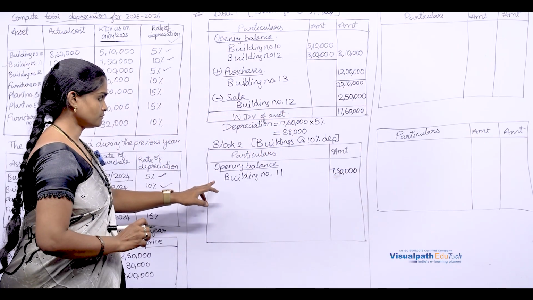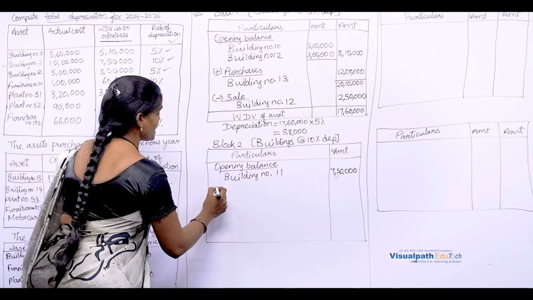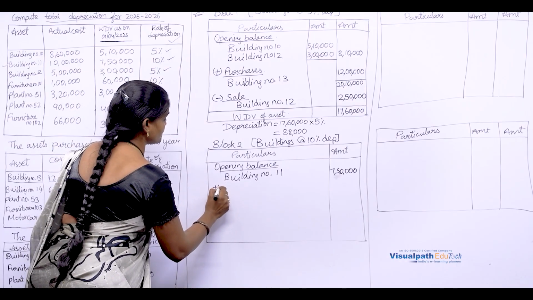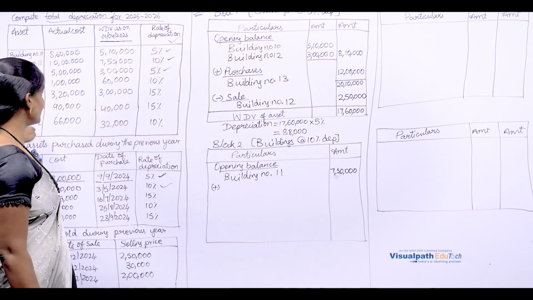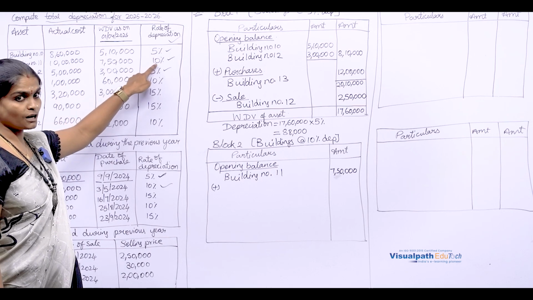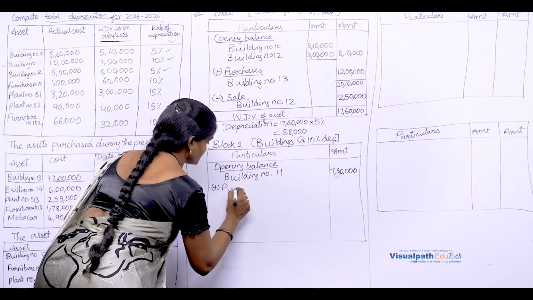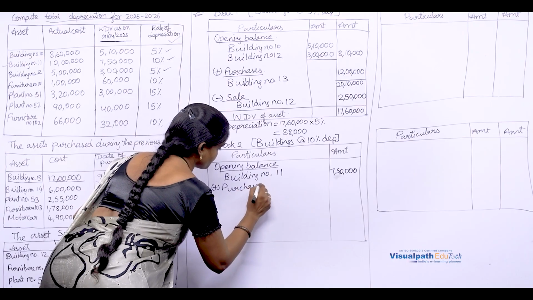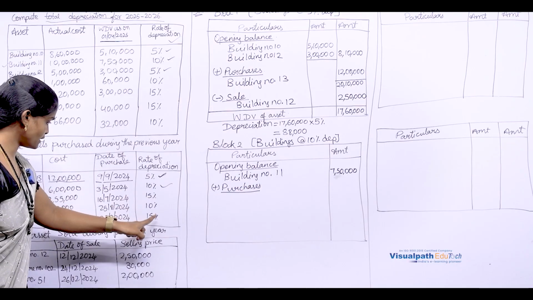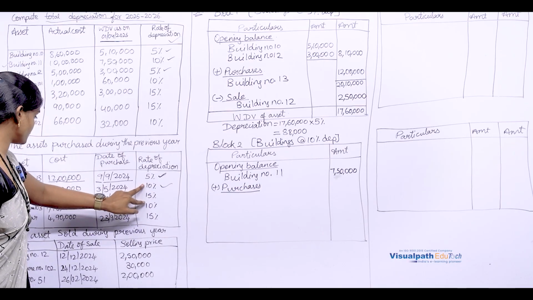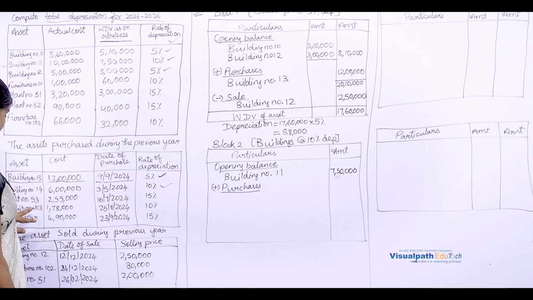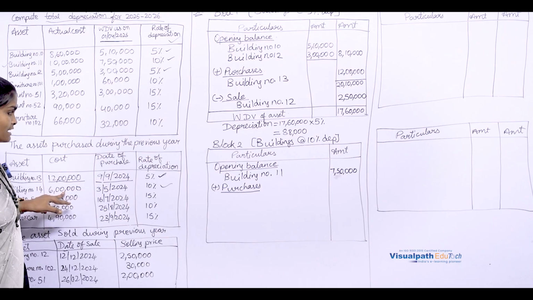Clear? Then next, to this add purchases. You have only one building with 10% depreciation. Under purchases, in the column with the 10% rate, you have two items: building number 14 and furniture number 103. Now you will take building number 14 whose cost is 6 lakhs.